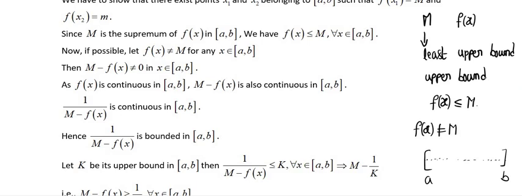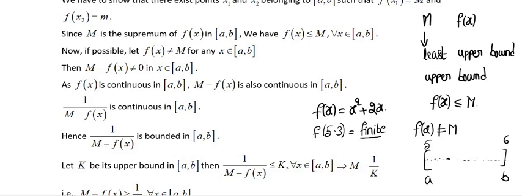When we know the function f of x, if f of x is x square plus 2x, if closed interval is 5 to 6, if you substitute this point, that is f of 5.3, you can get a finite value.